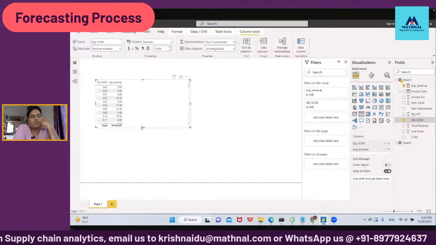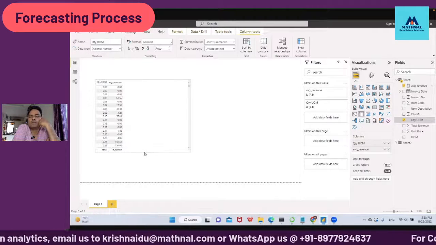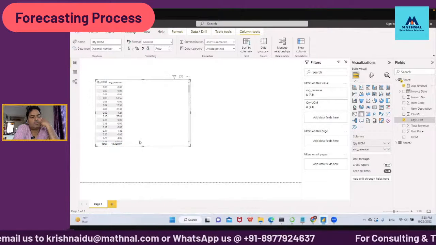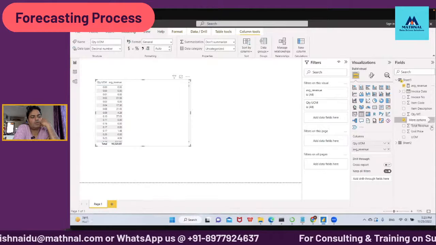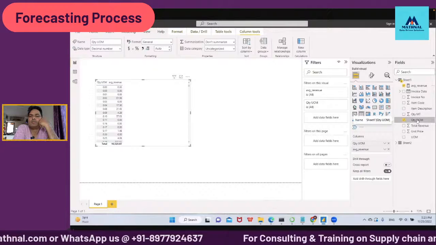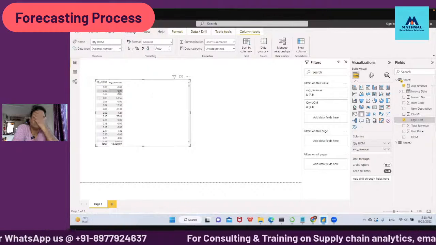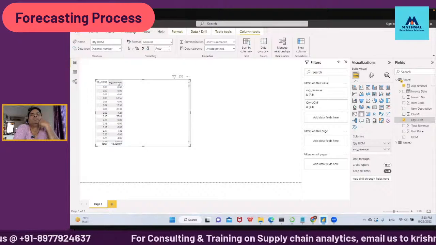What is the measure we have used here to calculate the row wise? Sir, I have taken the quantity of unit measure and I have found the average revenue for it.